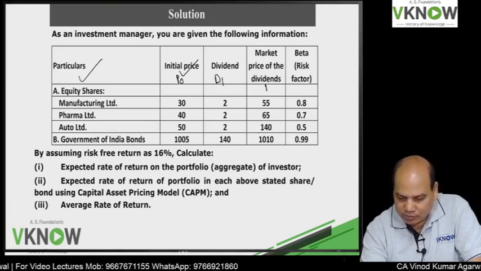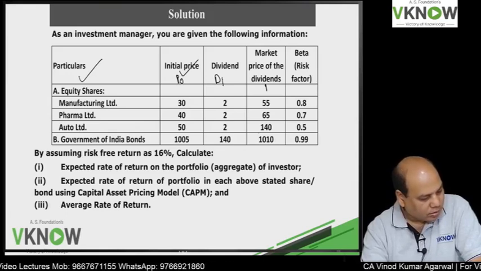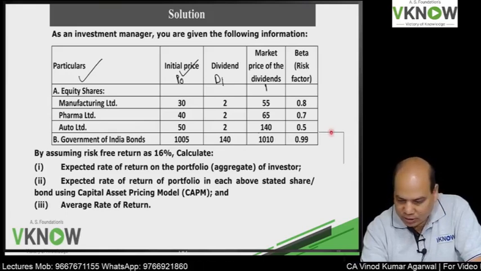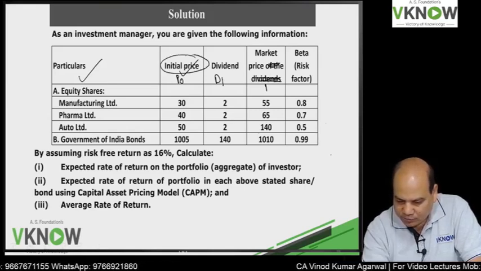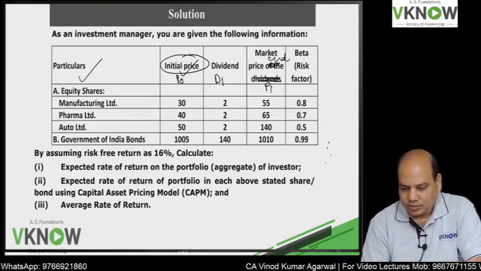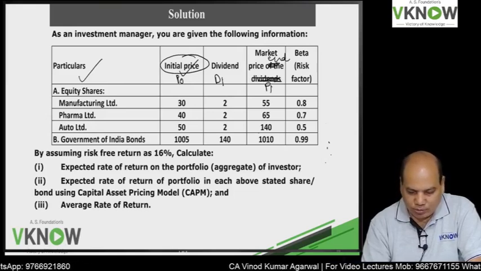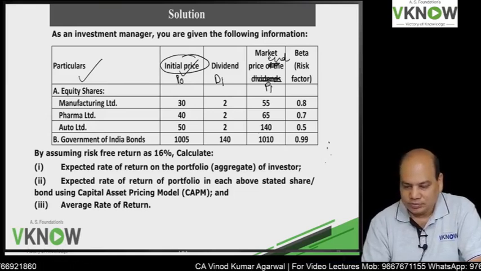Market price at the end of the year, P1. Share or bond, whatever. And the last column is beta.